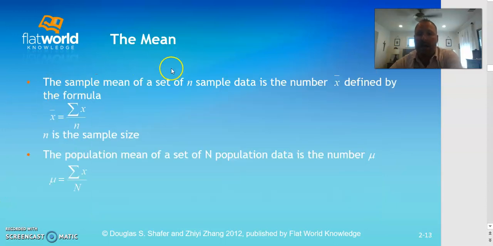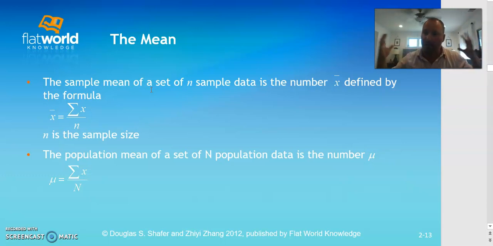Okay, now we're going to talk about the mean. So the sample mean of a set of n sample data is represented as X with a bar over it. Okay, that's like an italicized X with a bar over it. We say sample mean because we're only grabbing a sample of the data. So if we were talking about the United States and we are surveying everybody in the United States, that would not be a sample, that would be the entire population.